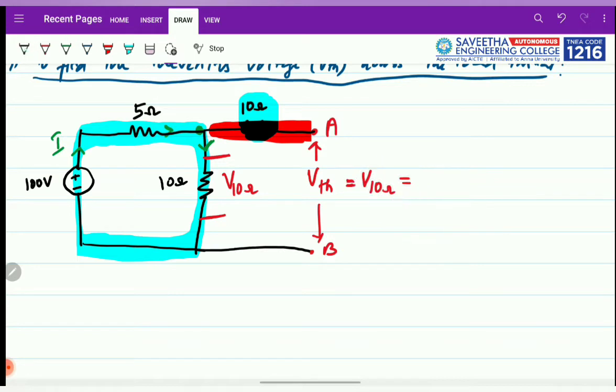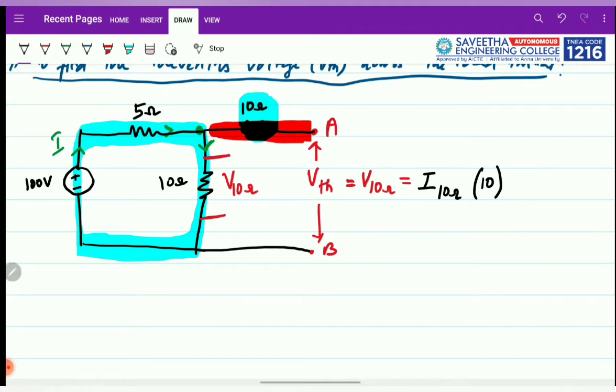By Ohm's law, the voltage drop across the 10 ohm resistance is the current through the 10 ohm resistance into the 10 ohm resistance. So you need to find the current in the 10 ohm resistance. It is the same current which flows in the 5 ohm resistance, because the current is the same, which is the total current.